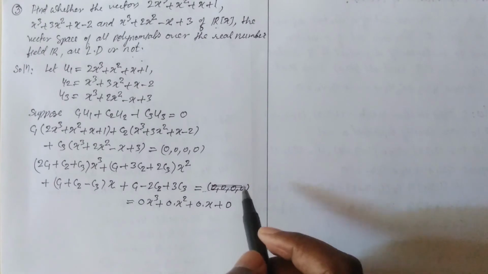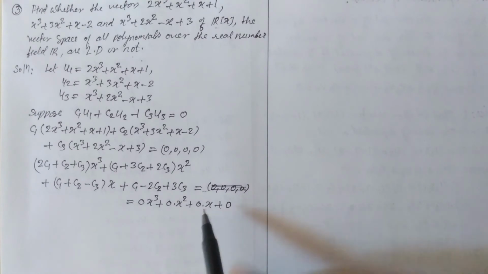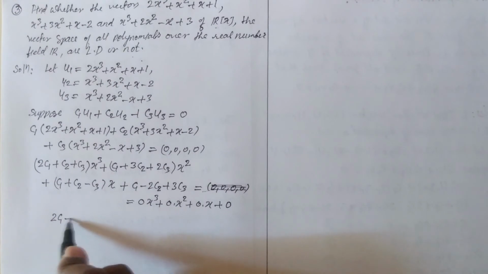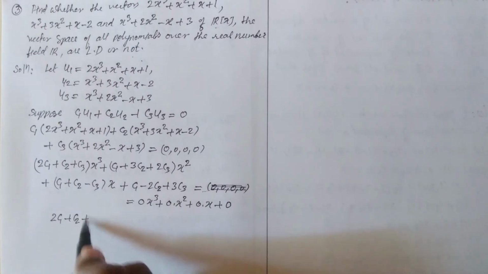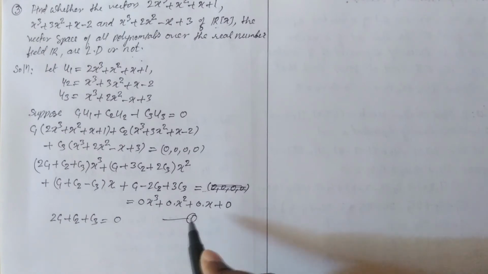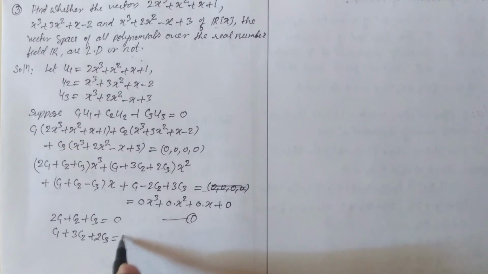Now equating left hand side to right hand side, we will have the system of linear equations: 2c1 plus c2 plus c3 equal to 0. Name this equation number 1. Then c1 plus 3c2 plus 2c3 equal to 0.